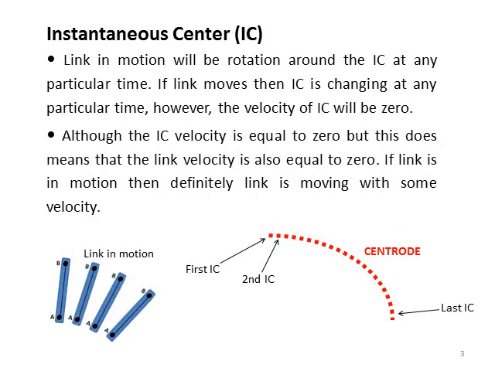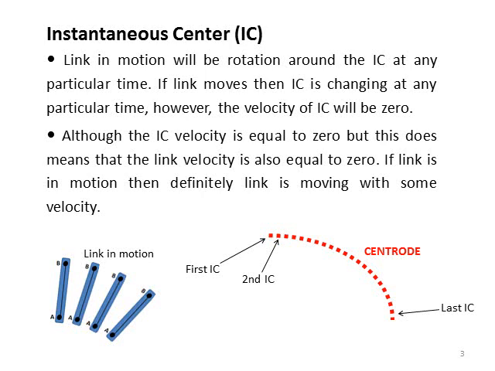A very important characteristic of the instantaneous center is that although the link is in motion, so a link will have certain velocity, or any point on the link has some velocity, the velocity of the instantaneous center at any particular time will be 0.